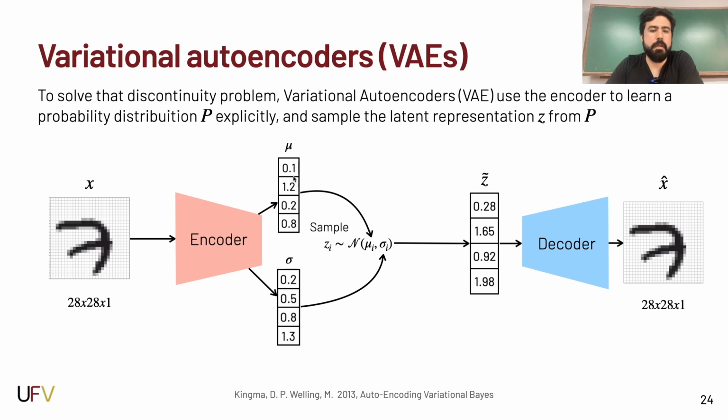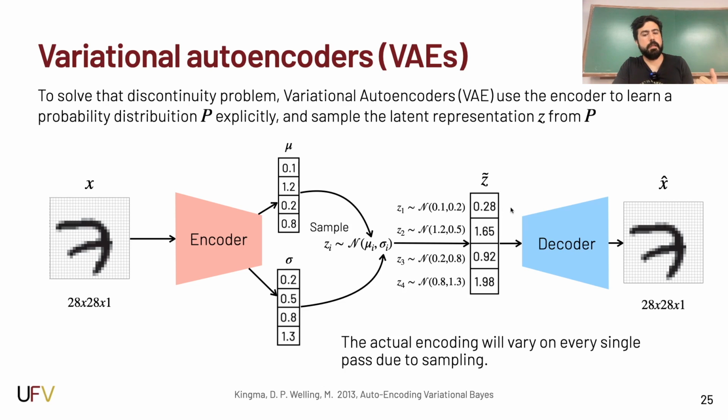And each row is a separate distribution. This mean here, 0.1, is associated with this 0.2 standard deviation, and this 1.2 is associated with 0.5. So when I'm sampling the Z, I'm going to sample per row. Z1 here would be sampled from a normal distribution with mean 0.1 and sigma 0.2. So I would get maybe 0.28 or something.